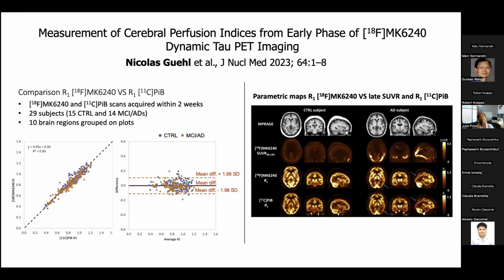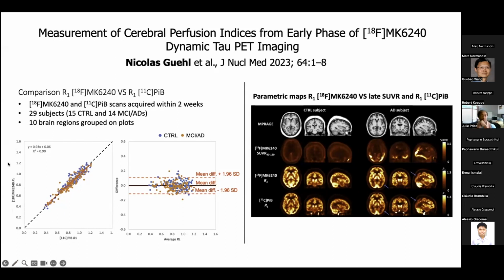Dr. Gell and Dr. Normandin and Gordon Center MGH colleagues, in a group effort, looked at MK6240 and PIB, and showed that PIB R1 relative to the MK6240 R1 were very highly correlated.